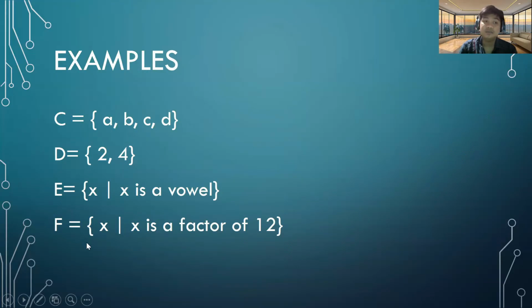So we know na yung mga elements ni F are 1, 2, 3, 4, 6, and 12. So mayroon siyang 6 na pwedeng maging factor. So basically, kayang bilangin yung mga elements niya. So if you can identify the number of elements inside the set, ibig sabihin nun, it is a finite set.